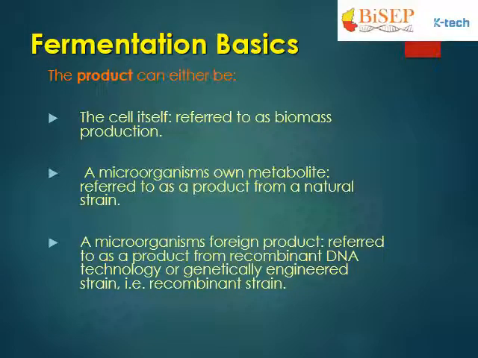Coming to the basics of fermentation, the product can either be the cell itself, which is referred to as biomass production, or the metabolite produced by a microorganism, which is referred to as a product from a natural strain. A foreign product is a third type, referred to as a product from recombinant DNA technology, that is, genetically modifying or engineering that strain. We get a recombinant strain and it produces a different product that is called a foreign product.